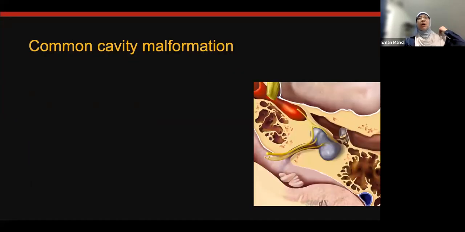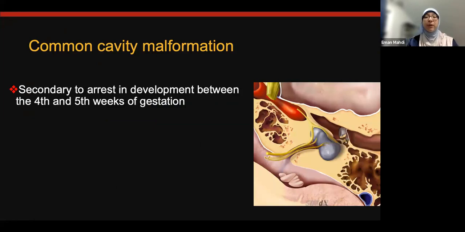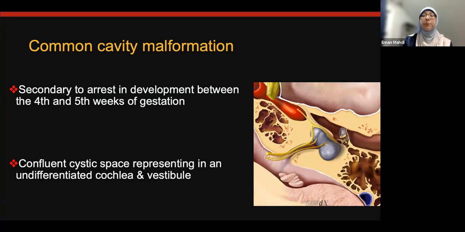So we'll start with something called common cavity malformation. We talked about the point that the development of ear structures occurs between the 4th and 5th week of gestation. So it's related to arrest of development of the inner ear structures around that time period, resulting in what they call a common cavity between the cochlea and the vestibule.